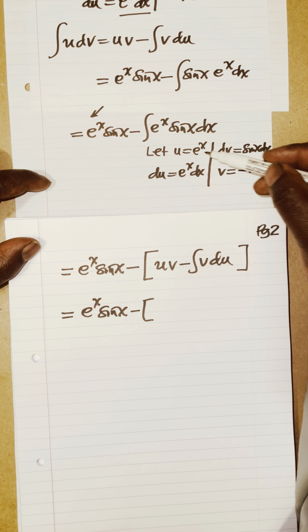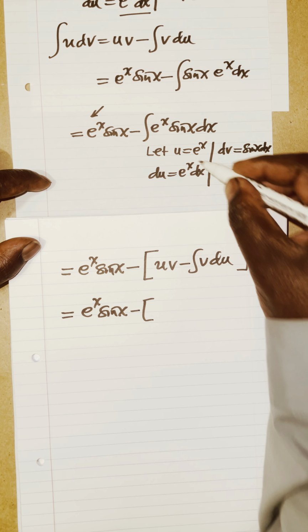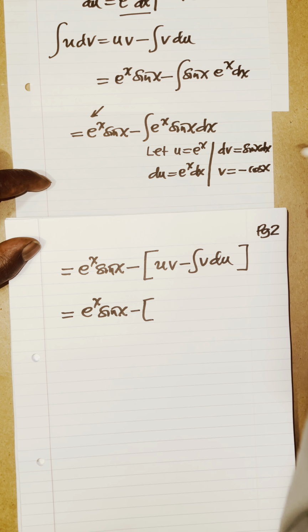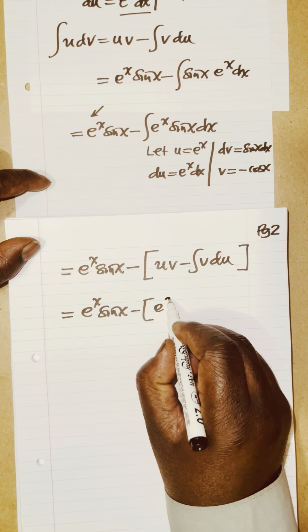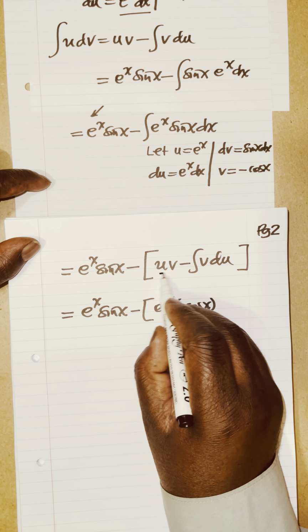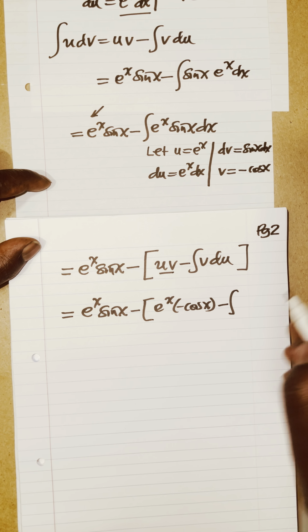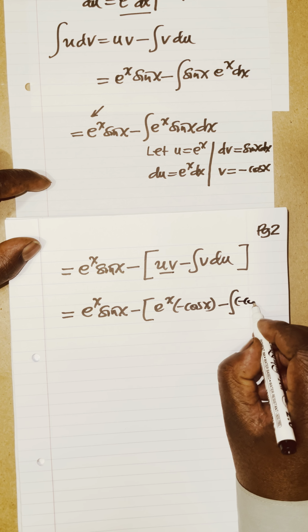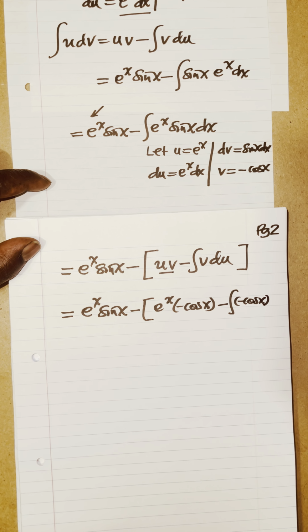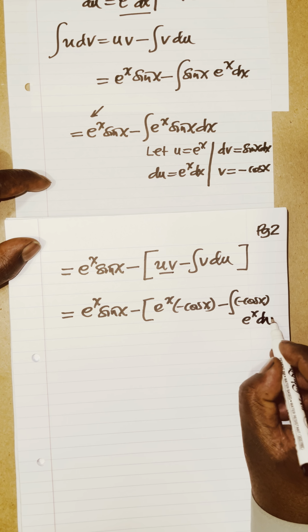Well, u is e to the power x and v is minus cos x. So e to the power x times minus cos x, and then we have minus the integral of v du. What is v? Minus cos x. What about du? It is e to the power x dx.